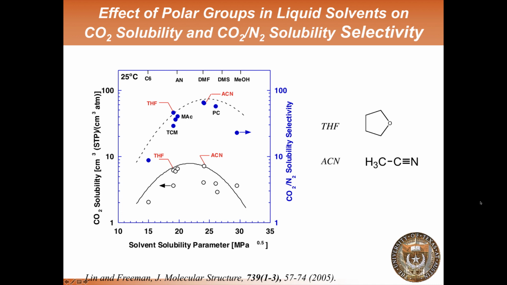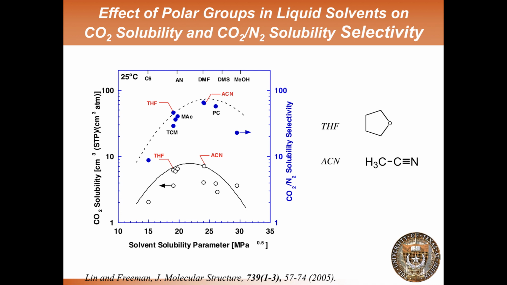As the polarity of the liquid into which the CO2 is dissolving goes up, there is a strong increase in CO2 solubility. However, beyond a certain point, the CO2 solubility starts to go back down, and this is the point at which the cohesive energy density between the solvent molecules like methanol is so high that it actually retards the ability of CO2 to dissolve into the liquid.